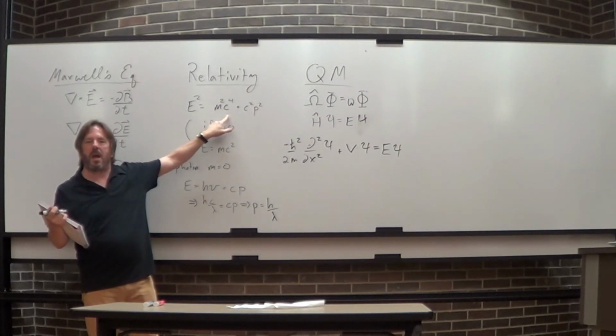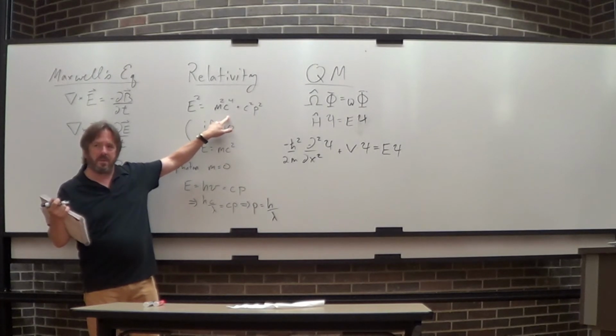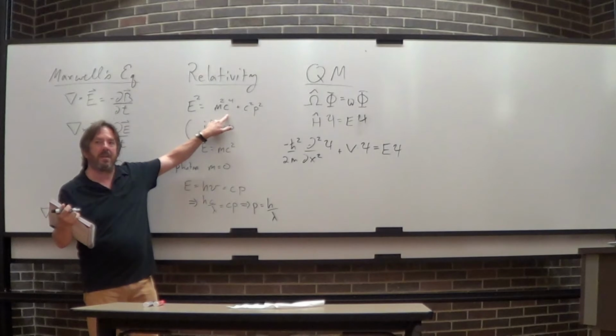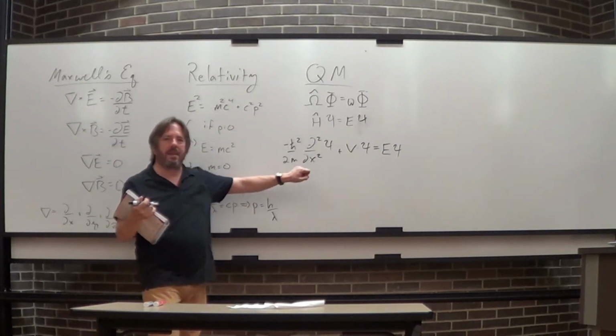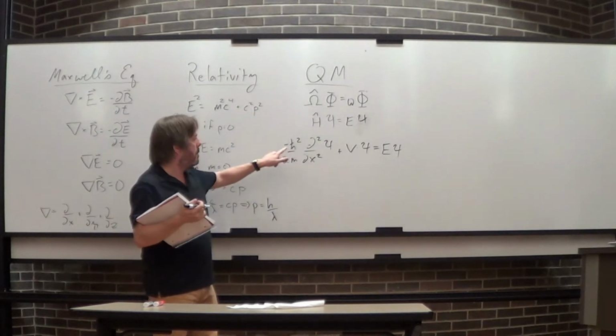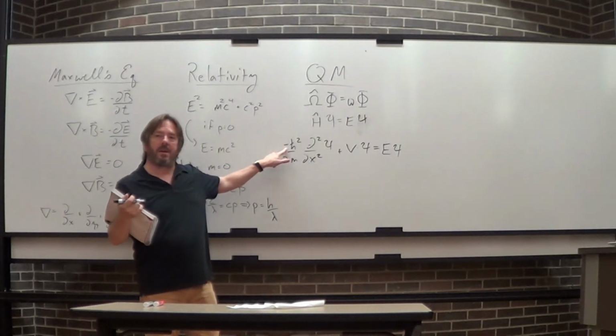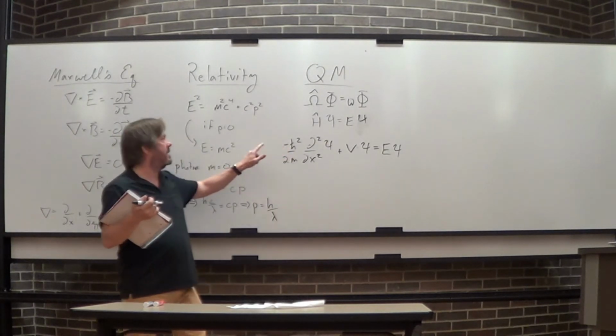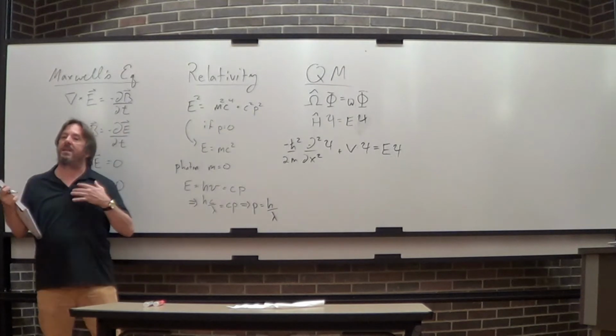Any equation derived from the theory of relativity must retain the speed of light in it. It has to be there. Any theory, equation, anything derived from quantum mechanics must have an h-bar. So when you see an equation with h-bar, it's a quantum mechanical expression. If you see one with a c, it's a relativity thing.